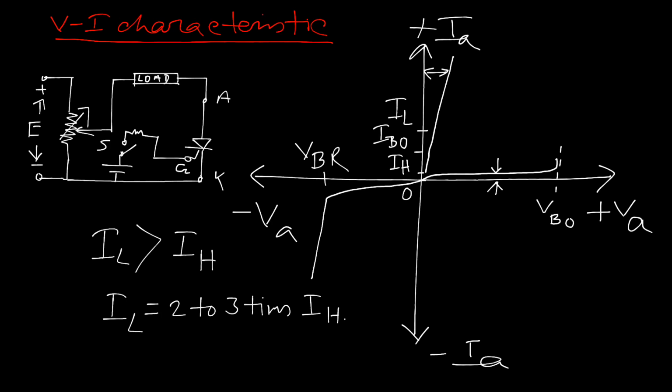From the VI characteristics we can say there are three modes of operation. The first is the reverse blocking mode, up to VBR. Then the forward blocking mode, from 0 to VBO, and this is called the forward conduction mode.